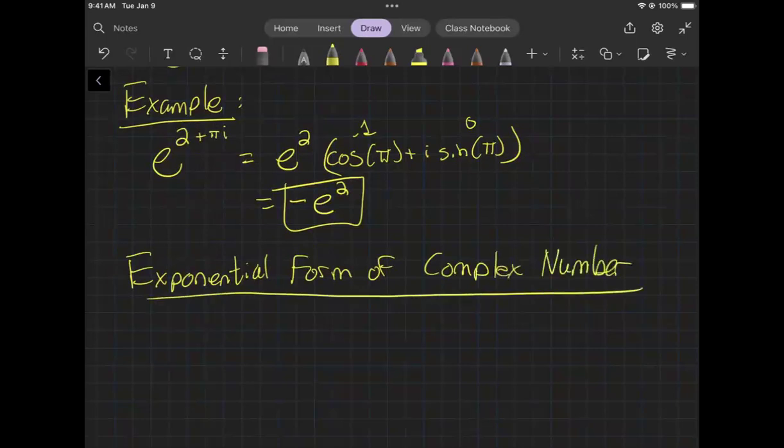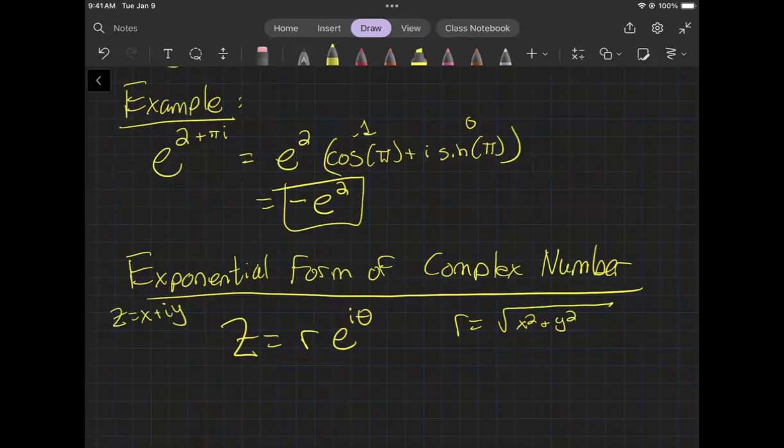So z is equal to r times e to the i theta, right? If z is equal to x plus iy, r is equal to the square root of x squared plus y squared. Theta is the principal argument, the argument of z, right?